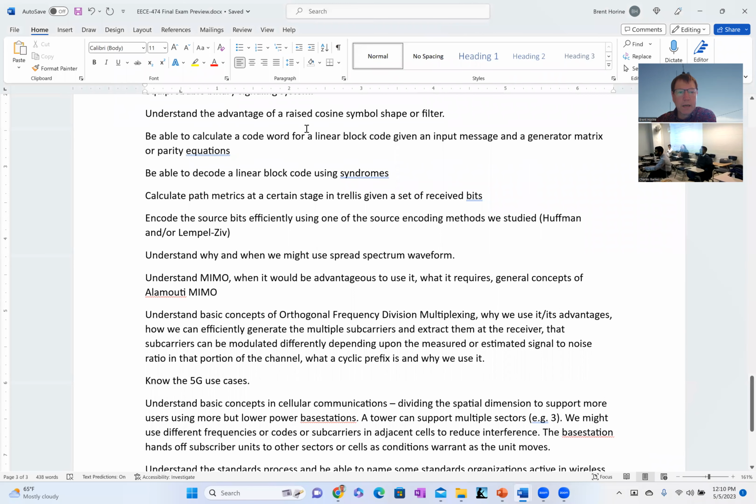Yeah, be able to calculate a code word for a linear block code given an input message and a generator matrix or parity equations, right? So maybe we know that the generator matrix is composed of an identity matrix plus a series of columns that each represent a parity equation, right?